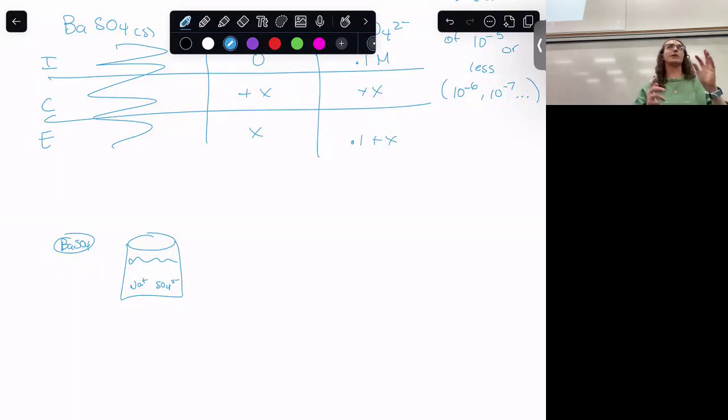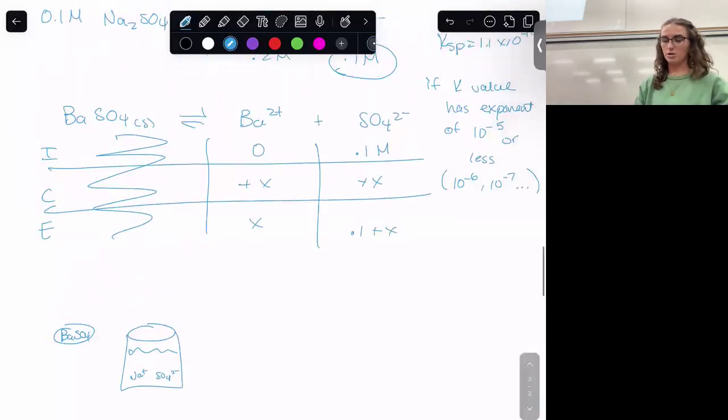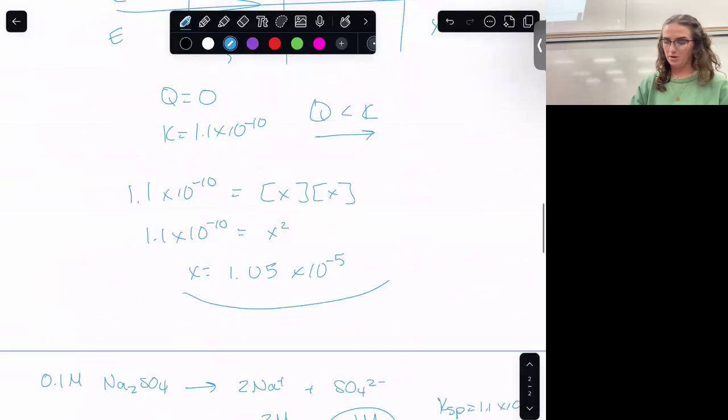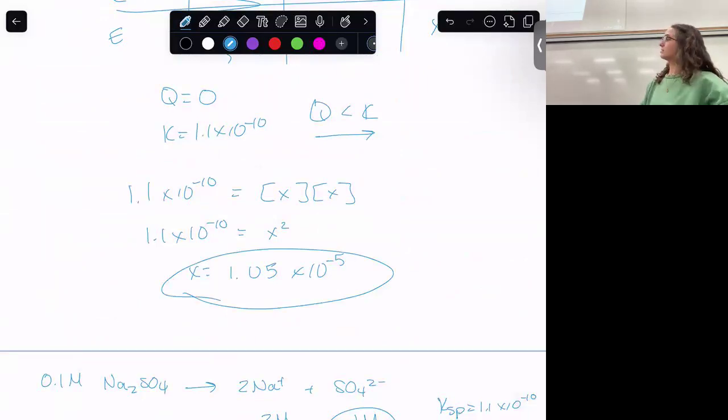Product is multiplication, so you're taking the solubility or the concentration of your ions and multiplying them at equilibrium. That'll change depending on, it has the same rules as all the other Ks, on temperature, on concentration, on all of that stuff.